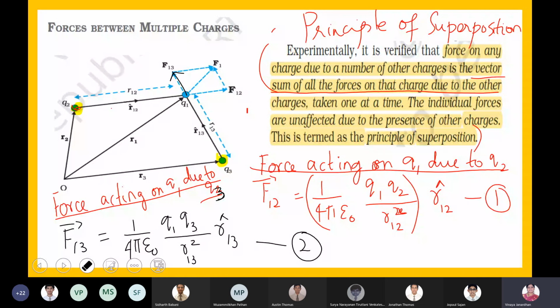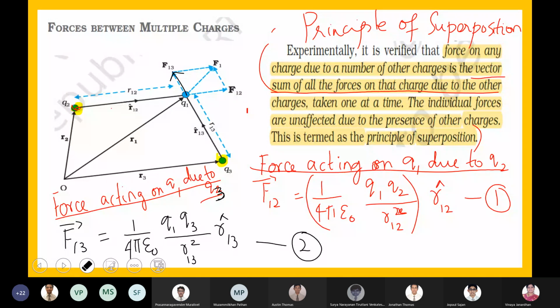Are they in the same direction? Yes, ma'am. That is the reason you have put it as positive. If the force would have been attractive, R13 would be in the upward direction and F13 would have been in the downward direction, so R13 would be negative.